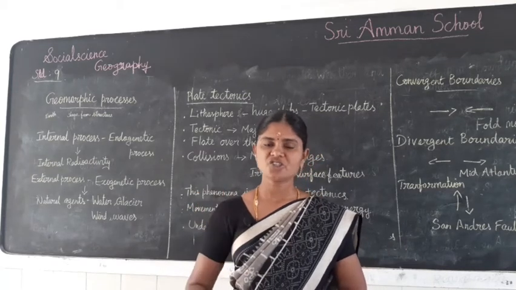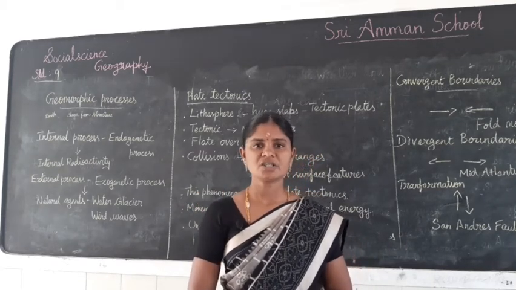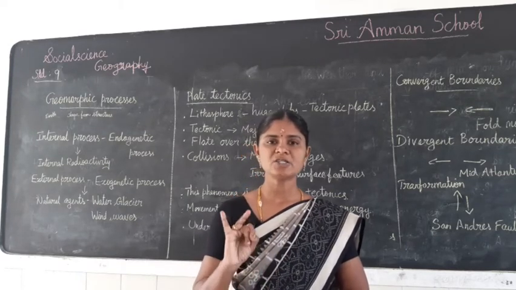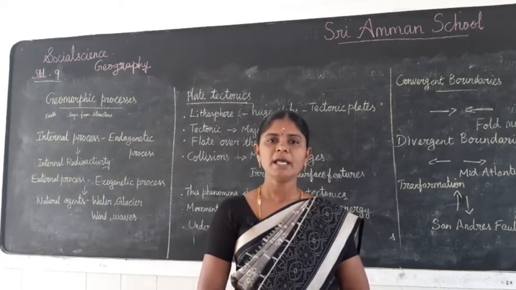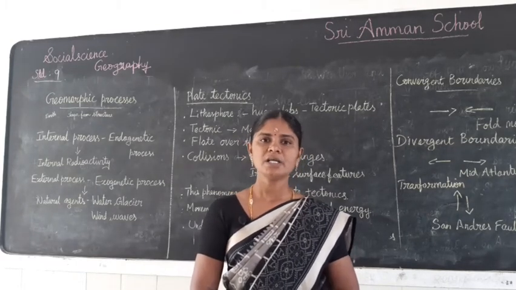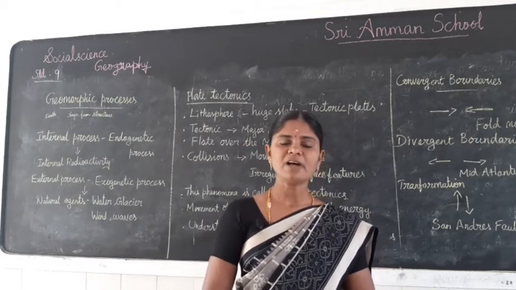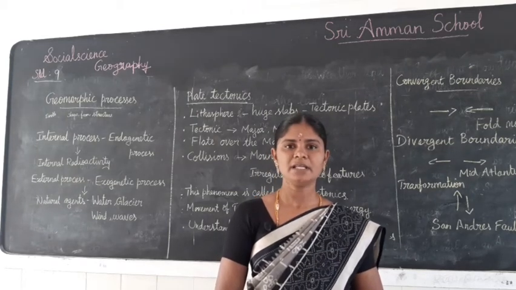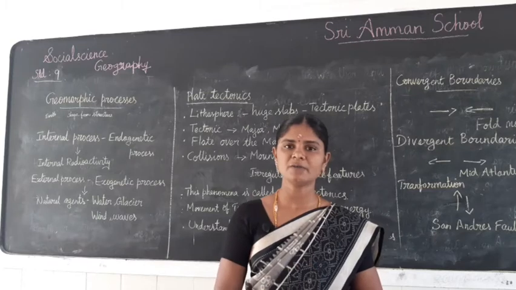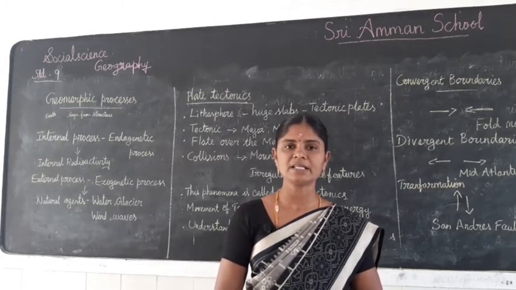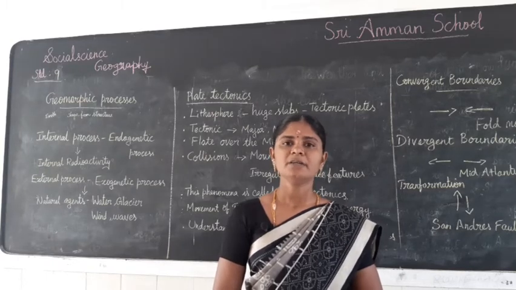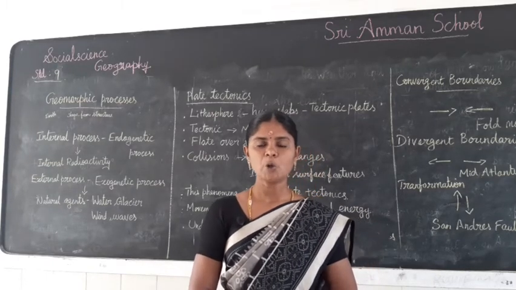Then the interior structure of the earth: the earth is divided into three layers, that is crust, mantle and core. The crust, where we live, occupies 1% of the earth's volume, while 84% consists of mantle and 15% consists of core.